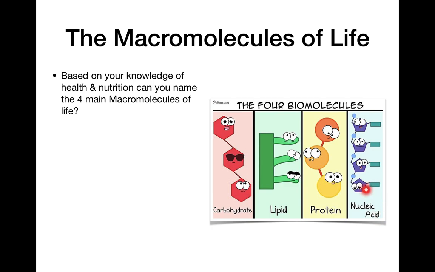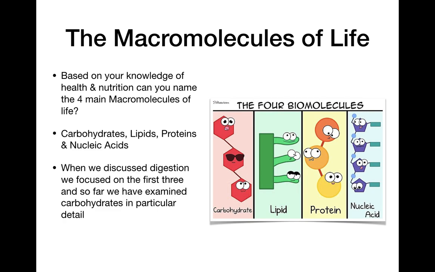Nucleic acids are pretty much everything that has DNA, which is every organism. So they're carbohydrates, lipids, proteins, and nucleic acids. And when we do digestion, we talk about the first three and the different enzymes that work on them. And so far today, we've focused mostly on carbohydrates. Did a little tiny bit about lipids.